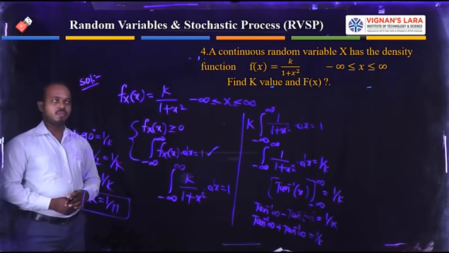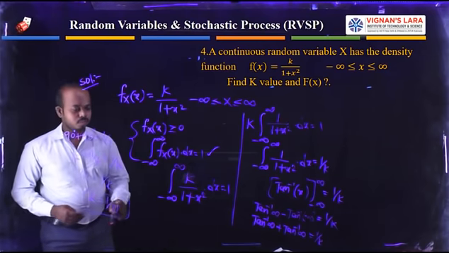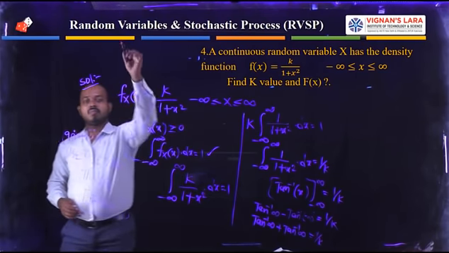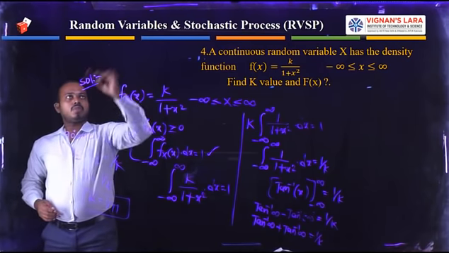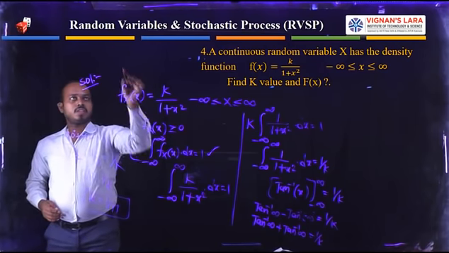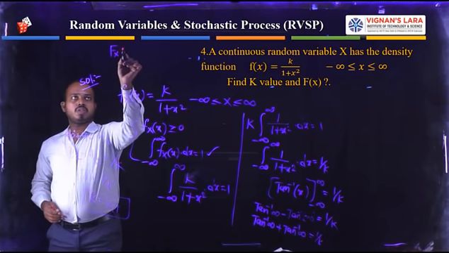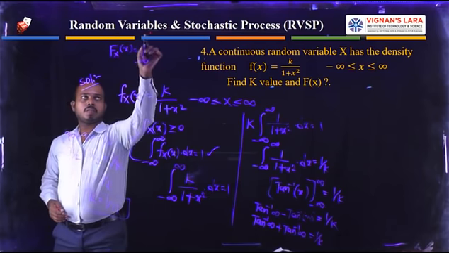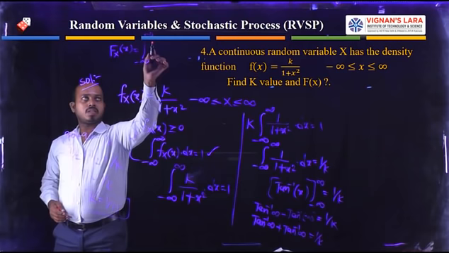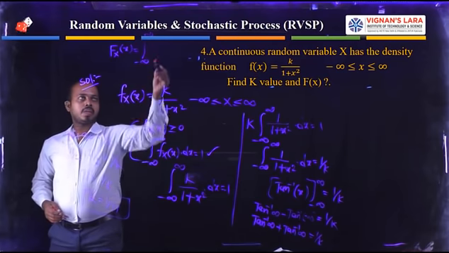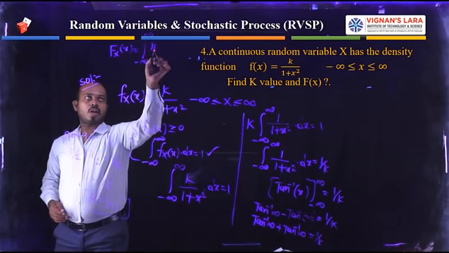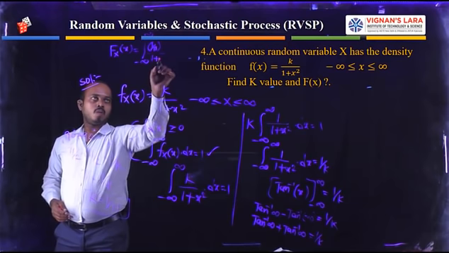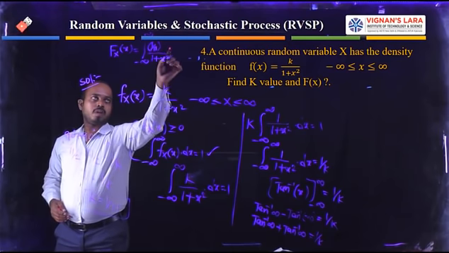The density function is already given, so I am writing the distribution Fx of x is equal to the integral from minus infinity to plus infinity of the k value, 1 divided by pi, whole divided by 1 plus x square dx.